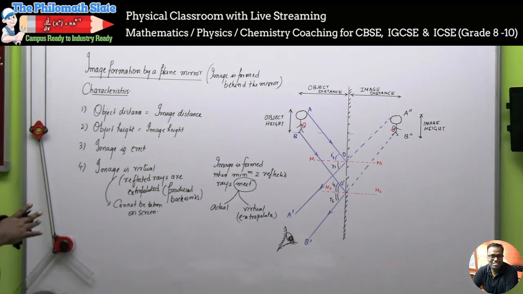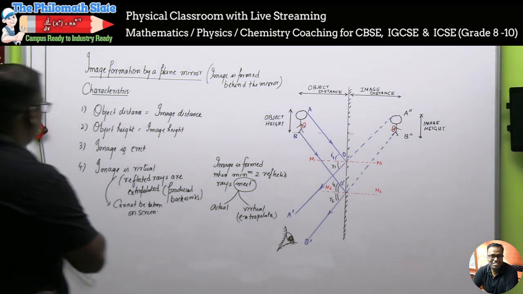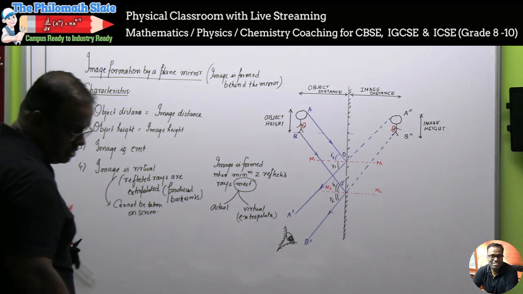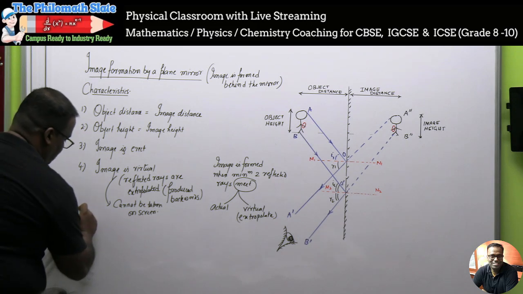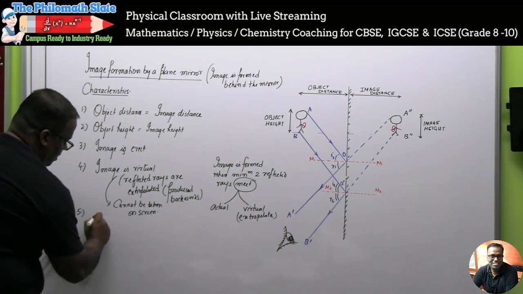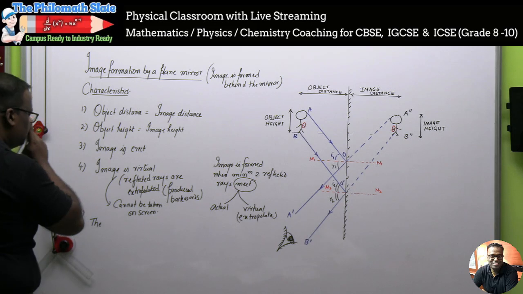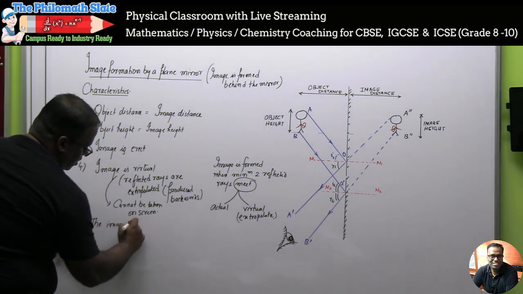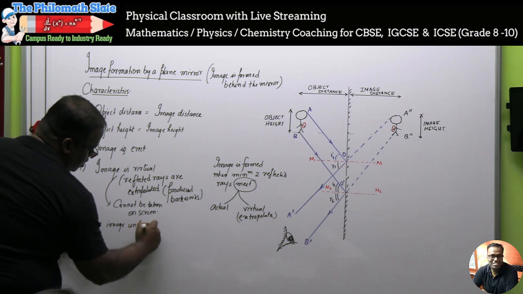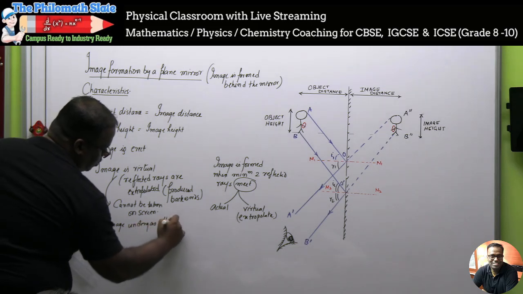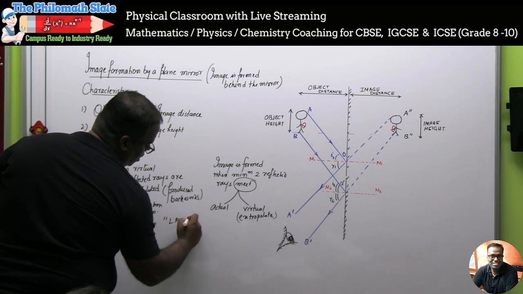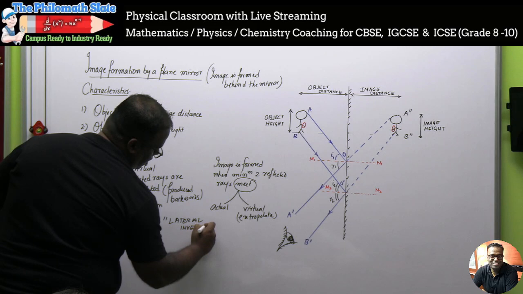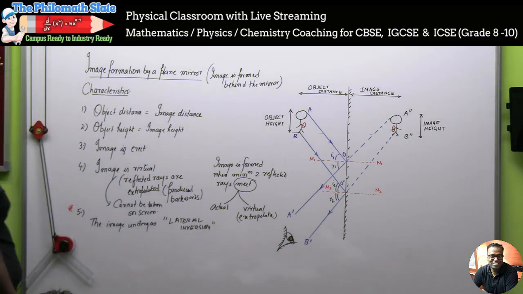And the most important point, on which a question will come, that is number 5. The image undergoes, put it in quotes and write it in block letters, lateral inversion.